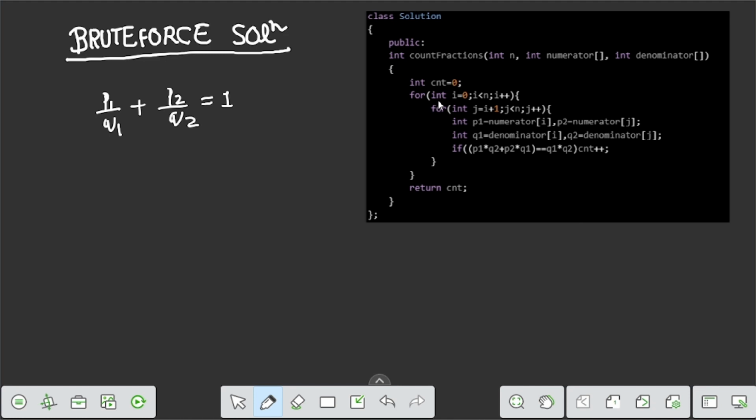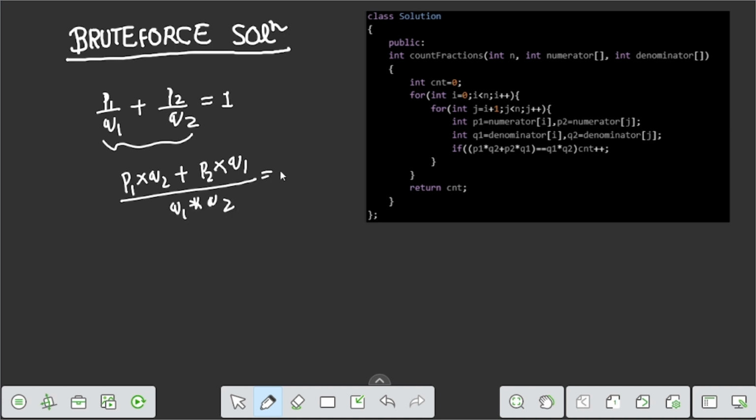So here we traverse the fractions. p1 is the numerator of the first and p2 is the numerator of the second, and q1 is the denominator of the first and q2 is the denominator of the second. So the fraction sum is p1 into q2 plus p2 into q1 upon q1 into q2.